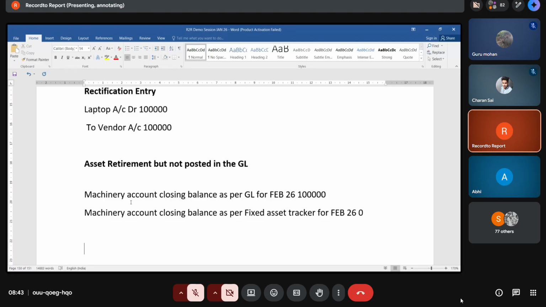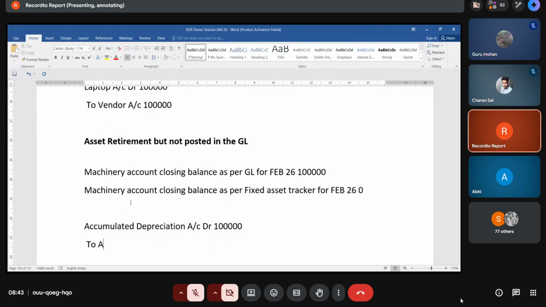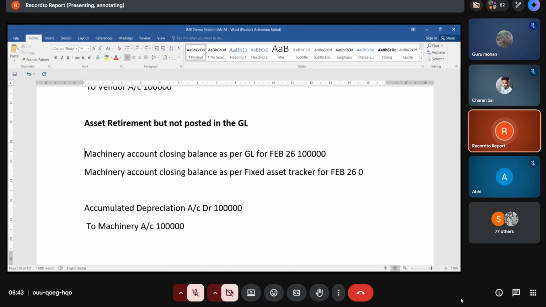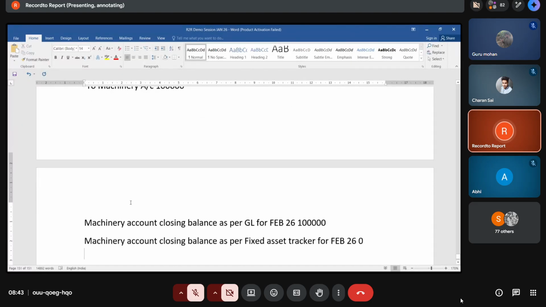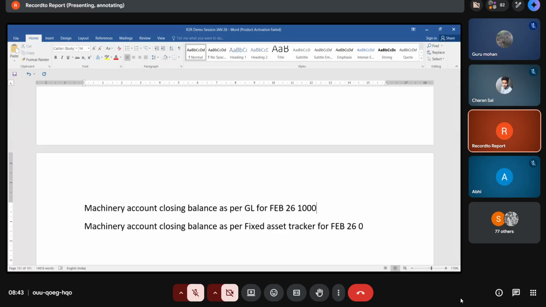Accumulated depreciation account debit, 1 lakh rupees, to the asset account, that is the machinery account. Without a sale, we are retiring the asset from the books of accounts. After recording this entry, the machinery balance in the ledger becomes zero.